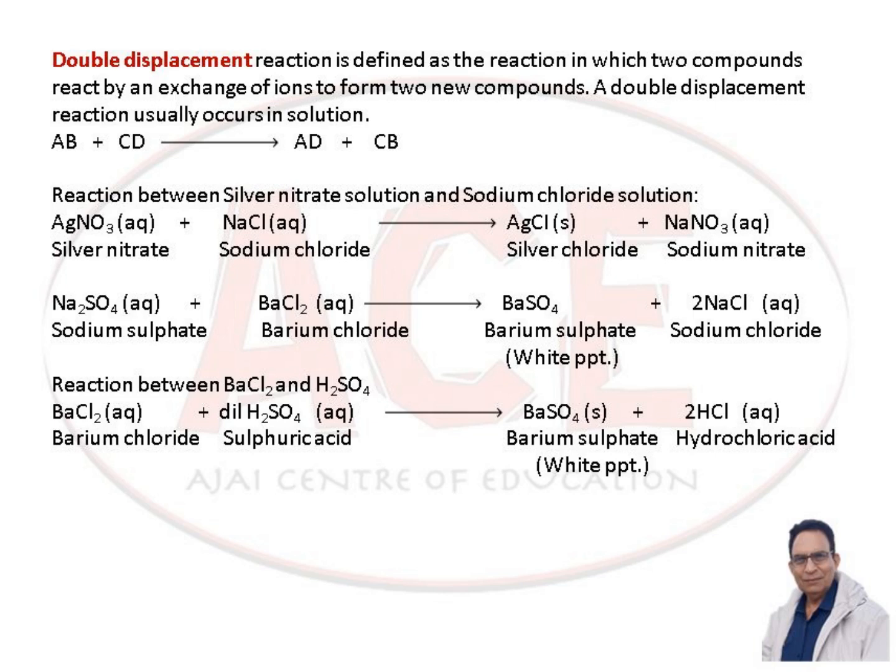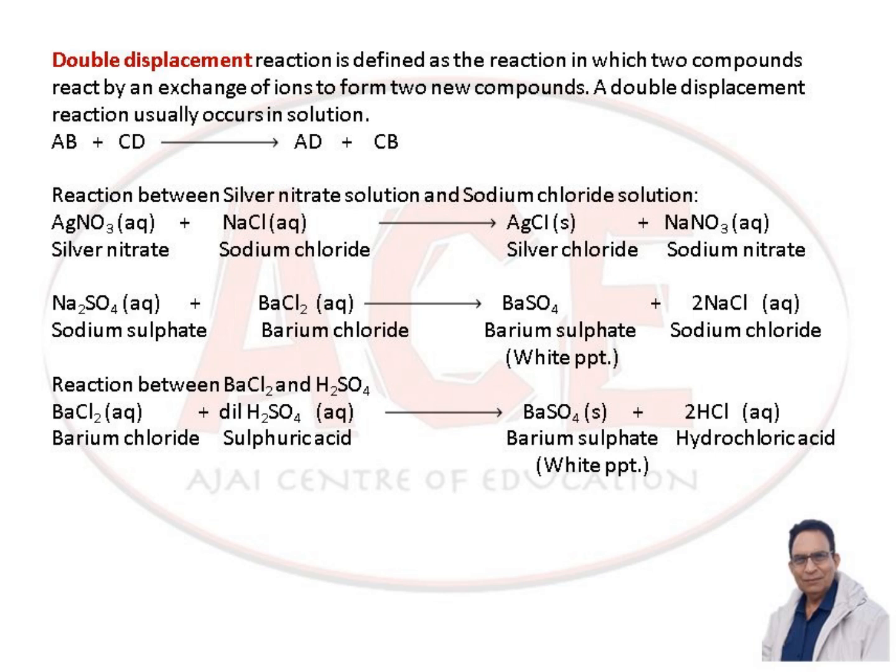Another example, sodium sulfate, Na2SO4, plus BaCl2, barium chloride, on reacting gives barium sulfate, BaSO4, plus NaCl, sodium chloride. BaSO4 is produced in the form of a white precipitate. So again, if you see, sulfate and chloride ions are exchanged.